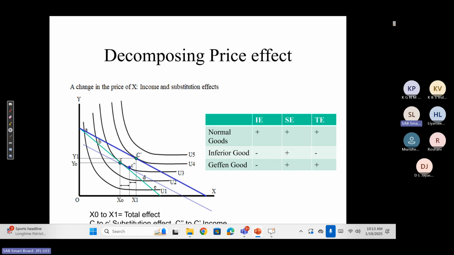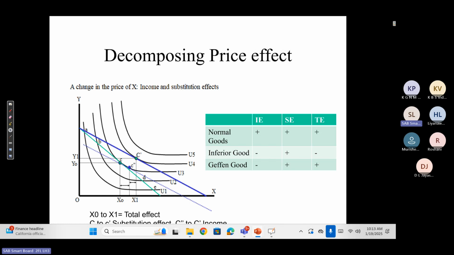So we can further analyze those effects in order to explain the situation. Right now, we know the normal, inferior and Giffen good cases. We identify the inferior and the Giffen goods. So we see the income effect and the substitution effect are both the same, but the difference we see by looking at the total effect is which one is more powerful. In the case of Giffen goods, the substitution effect is more powerful, whereas in inferior goods the income effect is more powerful.